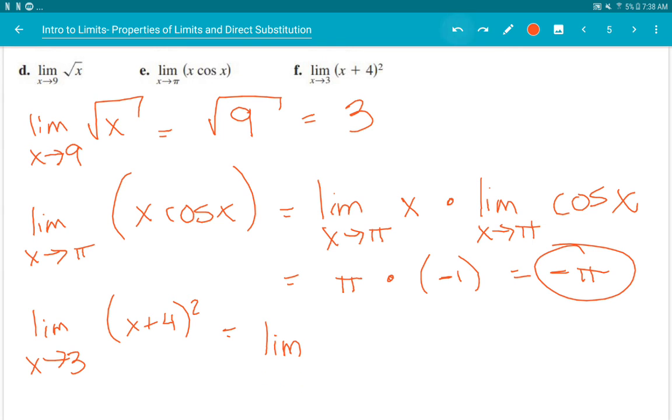So x is now 3, plus 4 to the second power. That's going to give me 7 to the second power. 7 to the second power is 49. So the limit as this function approaches 3 is going to be equal to 49.